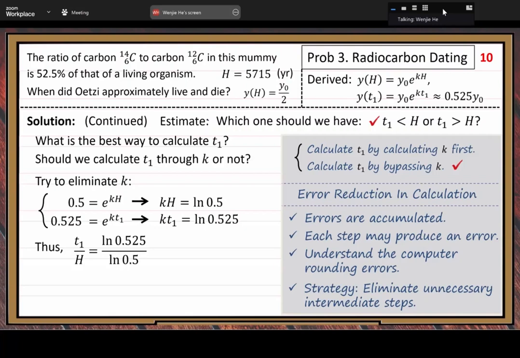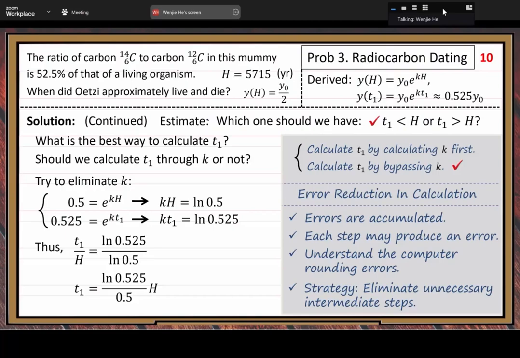Here, I do the opposite, just for convenience, because I want to put the unknown, T1, on top. Because our goal is to write an expression for T1. Here you can see that is our final expression for T1.